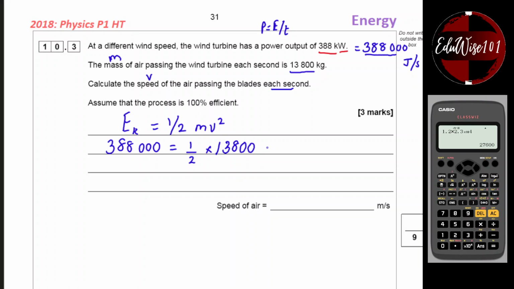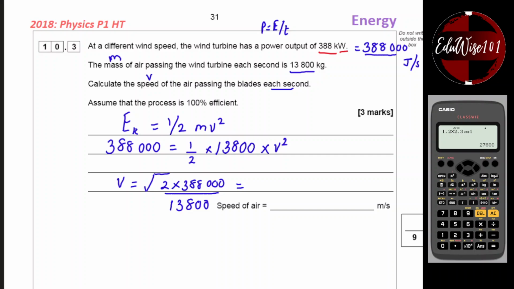Rearranging the equation, v is equal to the root of 2 times 388,000 divided by 13,800.